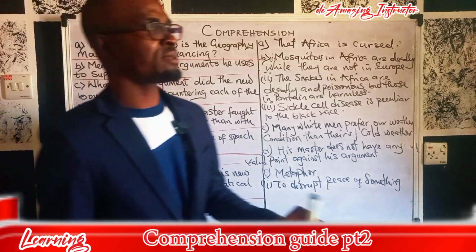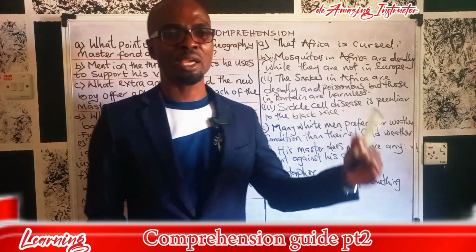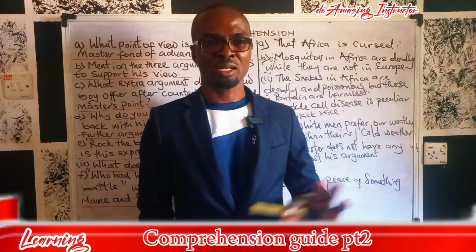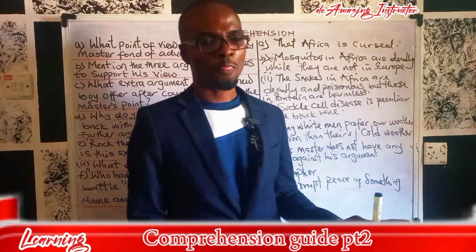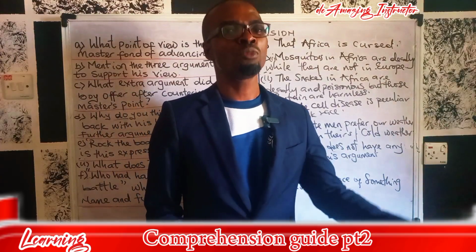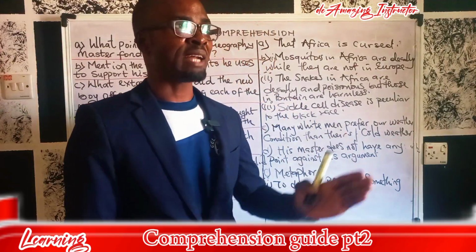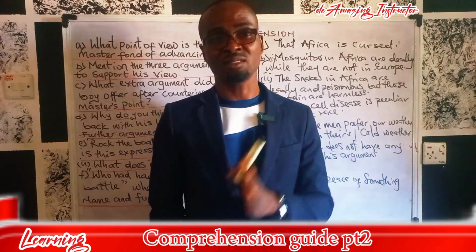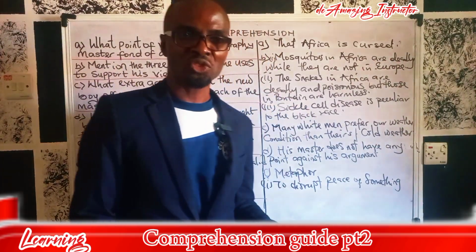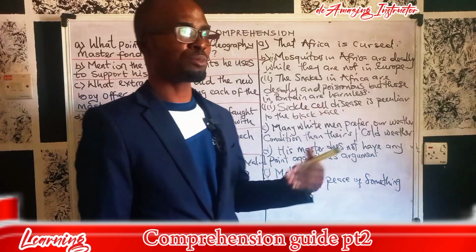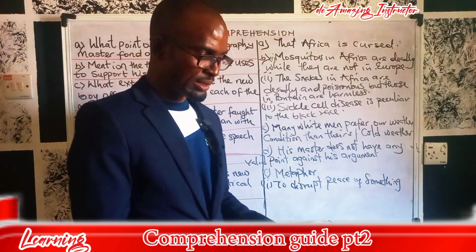Who had no answer to the... In our previous classes, we considered what an adjectival clause is. It qualifies the noun; it talks more about the noun. And I told you there are different ways in which you can recognize adjectival clauses. You can always go to those videos, watch them and understand what the concept is all about.